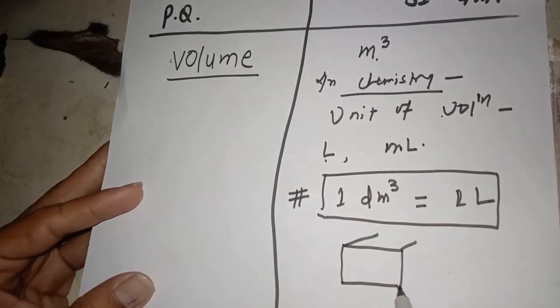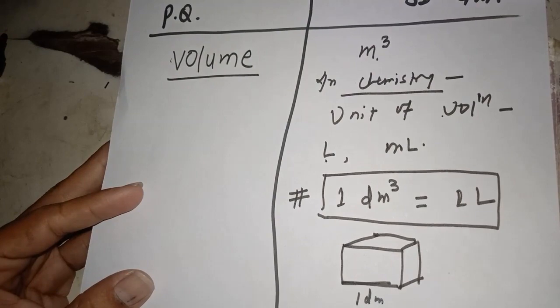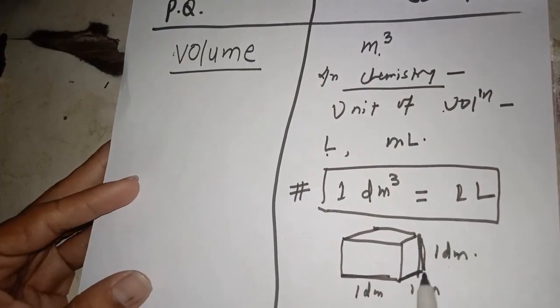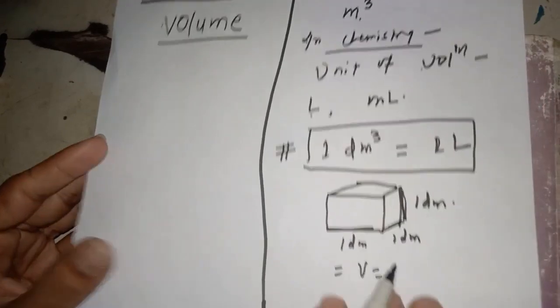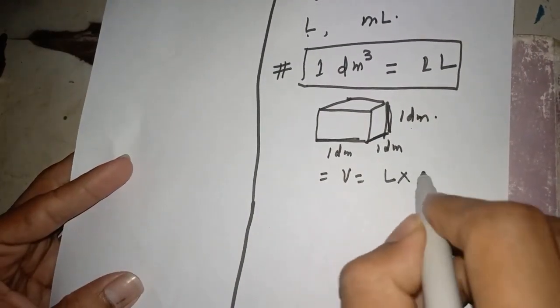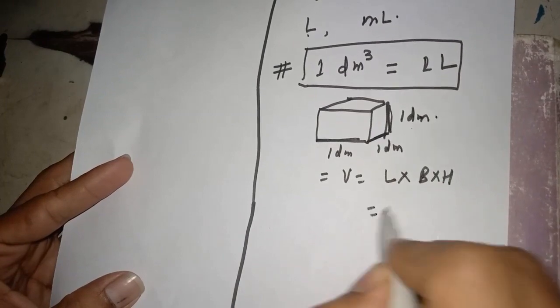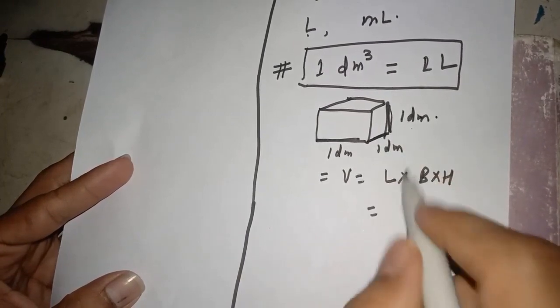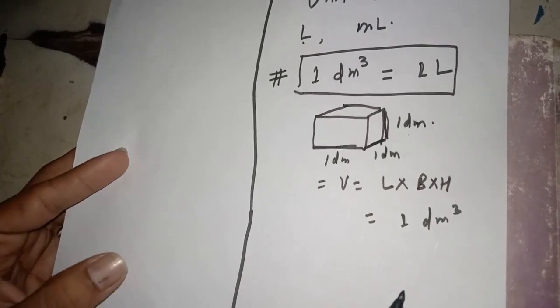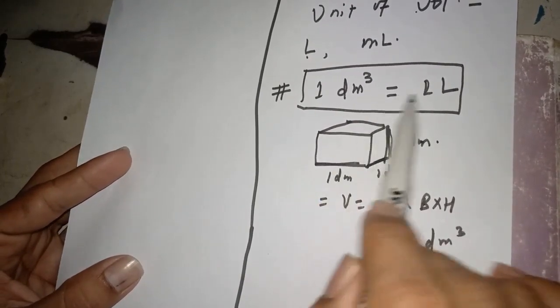It means if I take a cubical box whose dimensions are length 1 decimeter, breadth 1 decimeter, height also 1 decimeter, its volume becomes, you know the formula, length into breadth into height. So it becomes 1 into 1 into 1 decimeter cube. It means 1 dm cube.